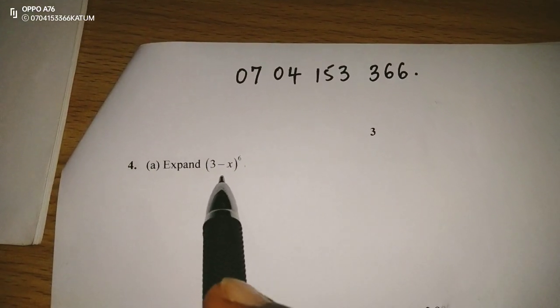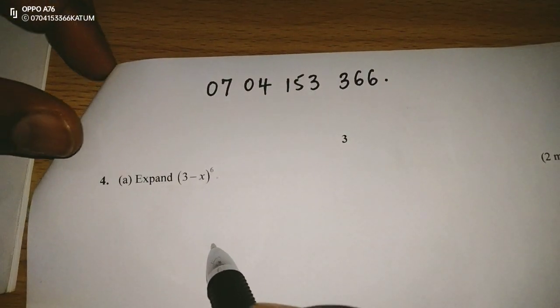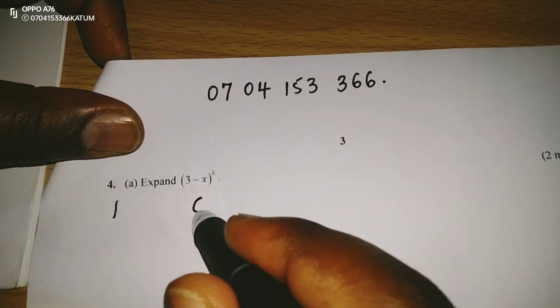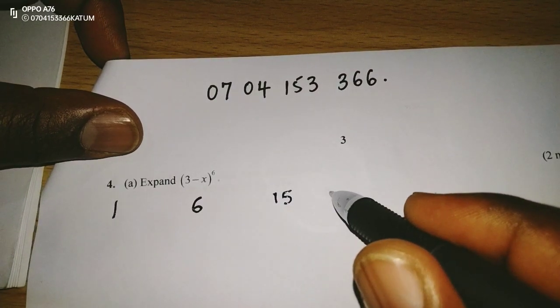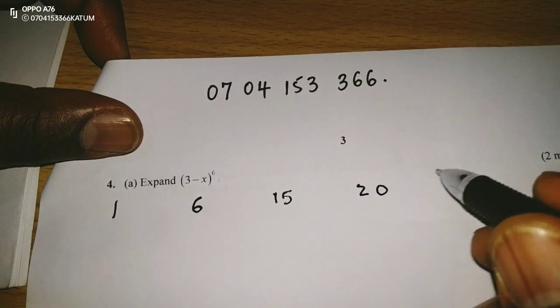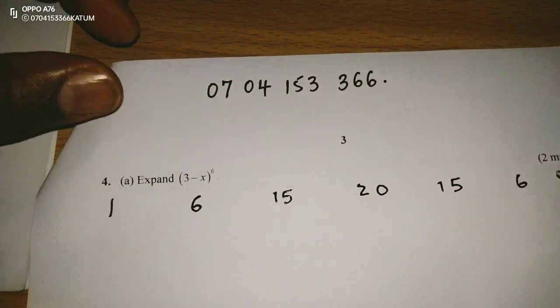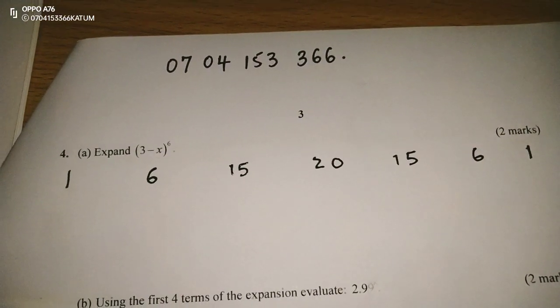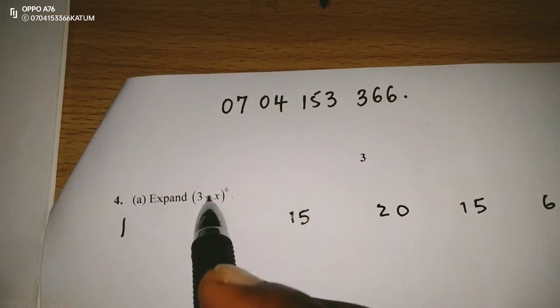So to the power of 6, the binomial coefficients are usually 1, then 6, 15, 20, 15, 6 and 1. Therefore now, with these coefficients, we're going to expand.